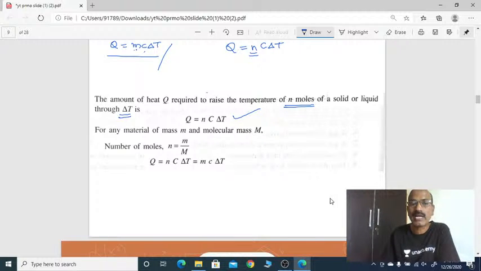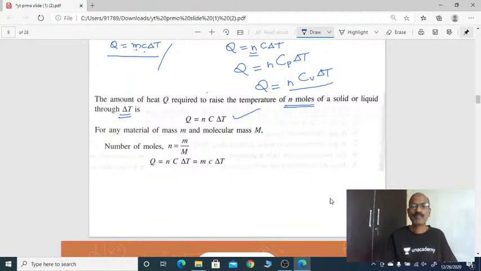If specific heat at constant pressure is given, use Cp, and if specific heat at constant volume, use Cv.